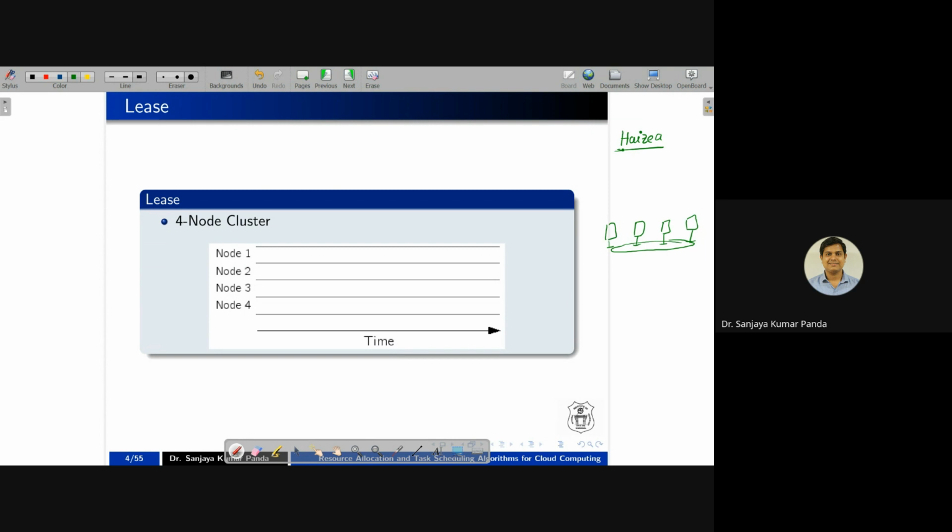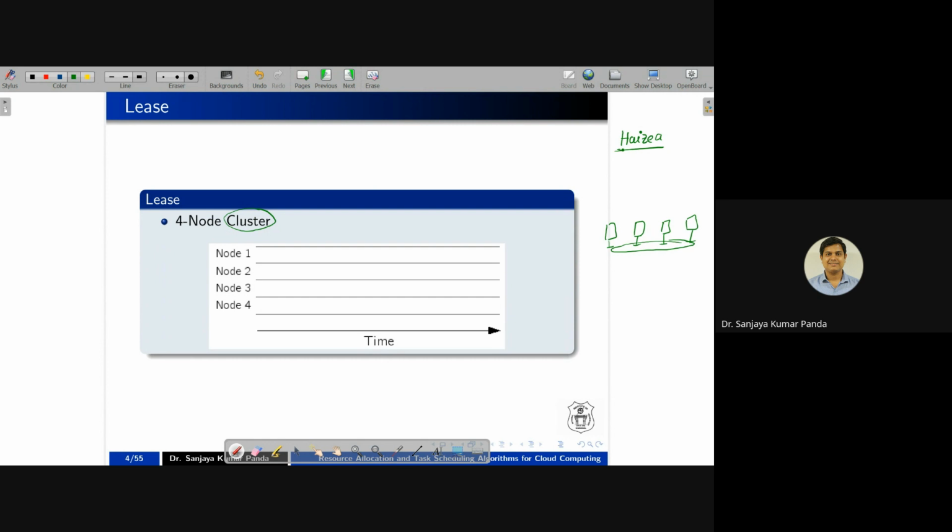In your group, there are 4 nodes. As we say, cluster means all the configurations, the architecture, the interfaces, and everything are common for this 4 node cluster. All nodes have the same architecture, the same type of operating system, and other things.